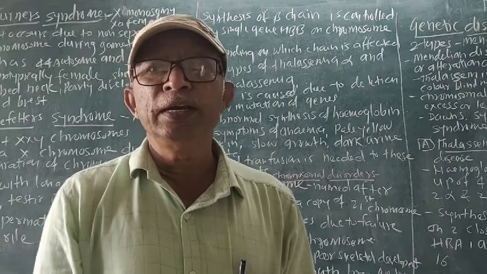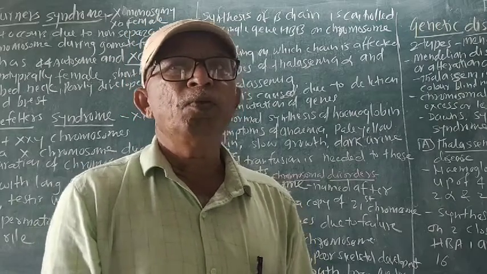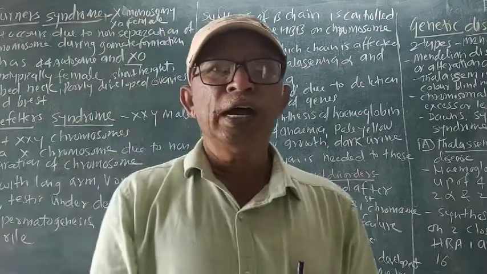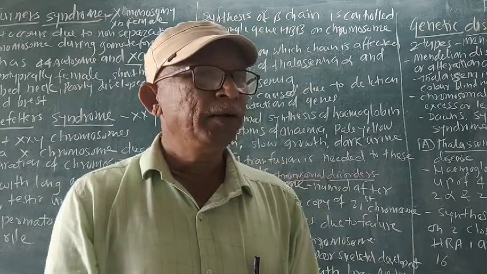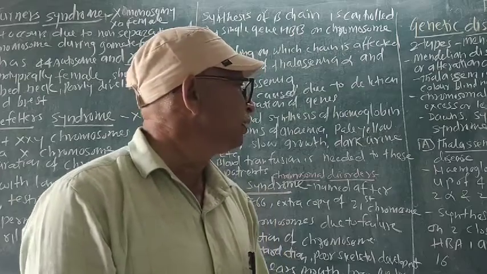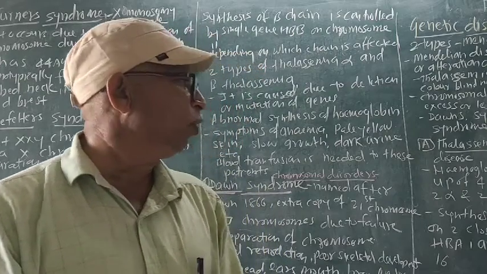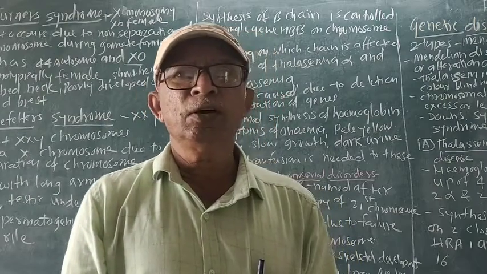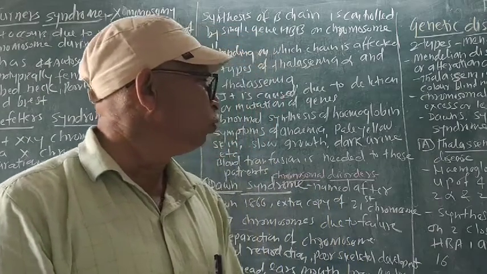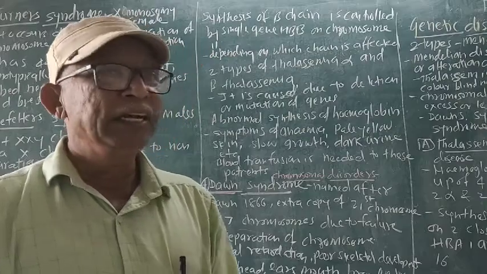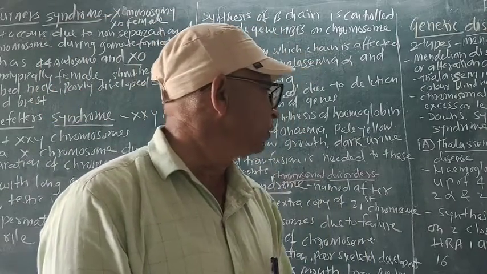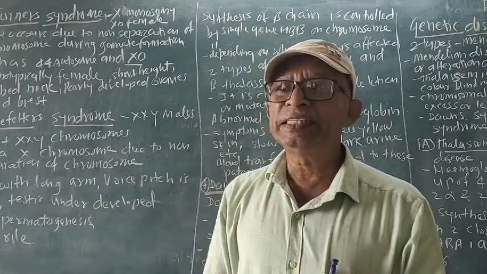So the hemoglobin molecule is made up of 4 types of polypeptide chains. 2 are alpha type and 2 are beta type. So the synthesis of this chain depends on 2 closely related genes, HBA1 and HBA2. They are present on chromosome number 16.